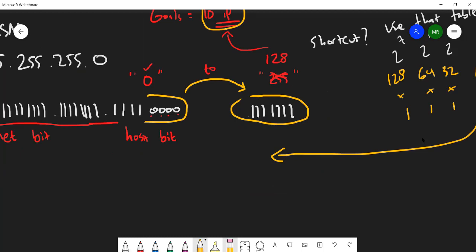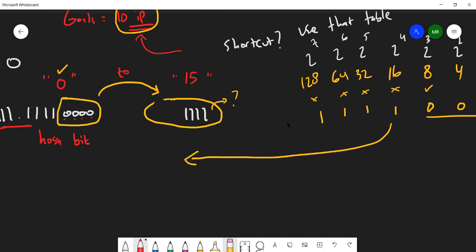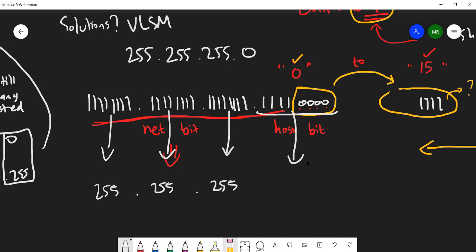Now we have 1 1 1 1 0 0 0 0 as the fourth octet. With 4 zeros, we have 0 as the start of the IP range and 15 at the end of the IP range, as a result of replacing all 4 zeros with 1.